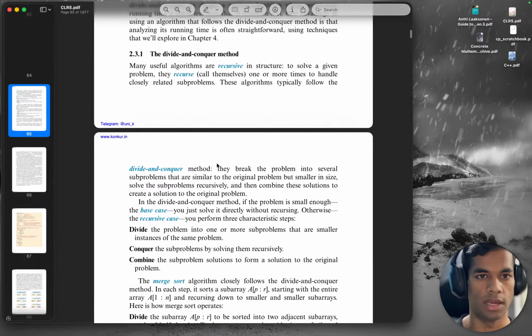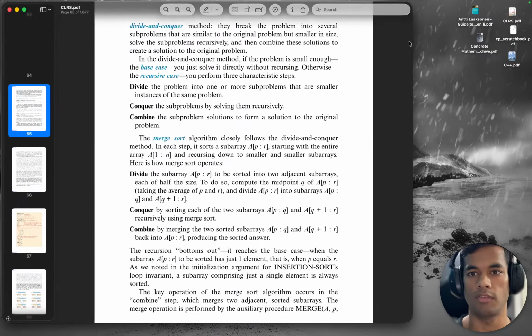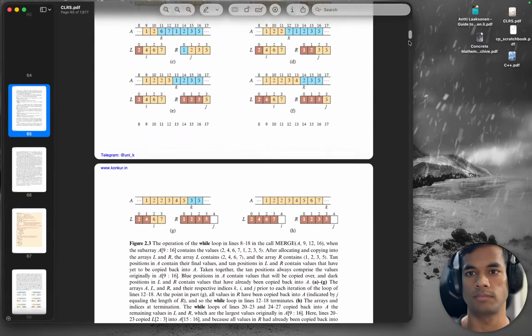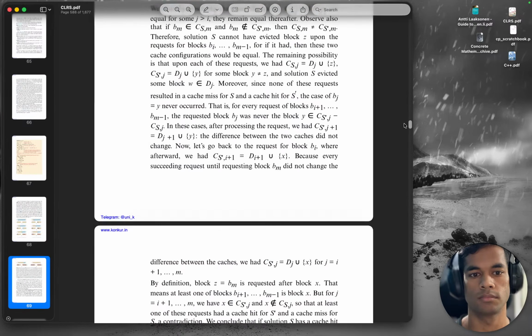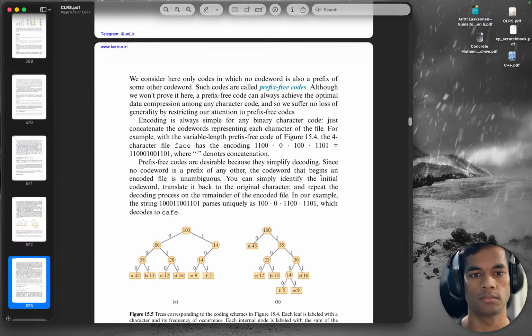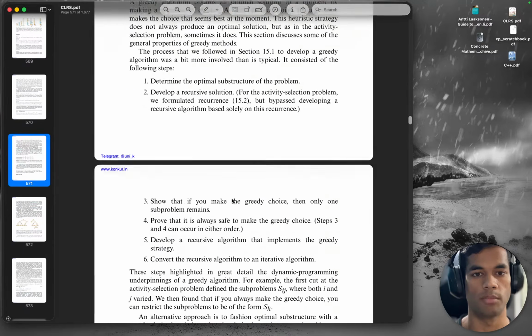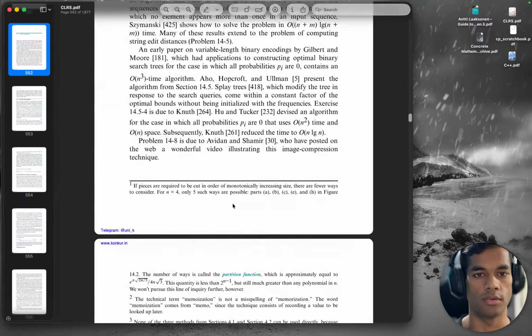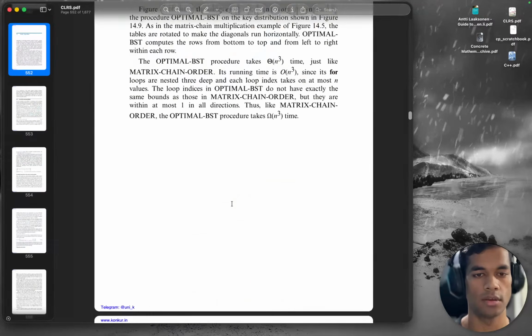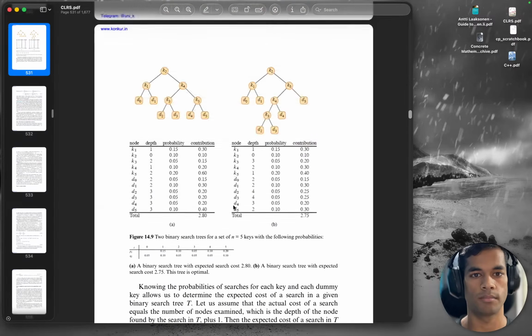That was actually a nice question, and we are somehow at the start of the book. This is chapter number 15, which is greedy algorithms. We are not doing that yet. Right now, we are solving questions.